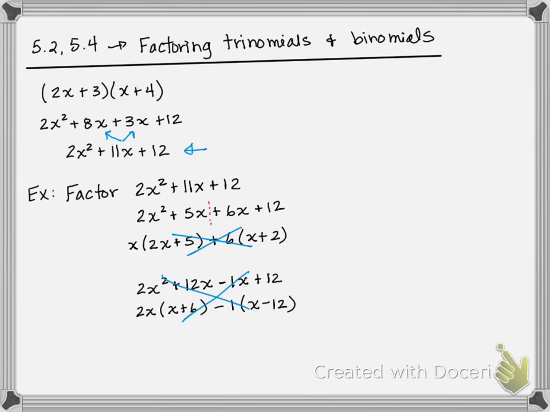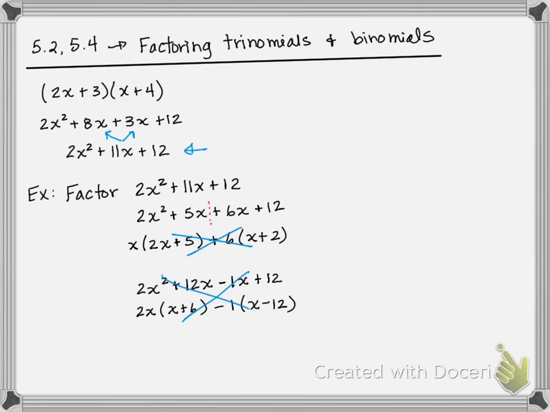There's an infinite number of ways to rewrite 11x as the sum of 2 terms, because we can use negatives. I can make it as big as I want as long as I subtract something that's 11 less than it. So it's not very productive to just guess how to break up that 11x.